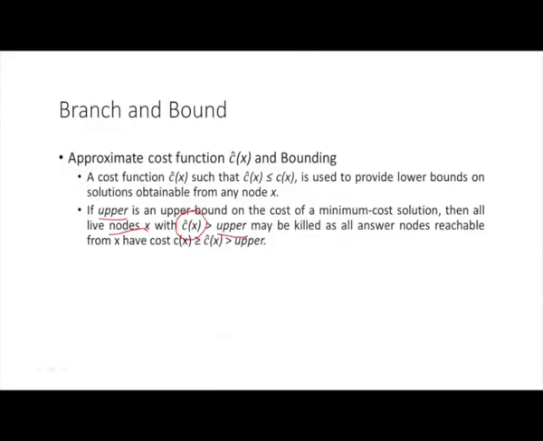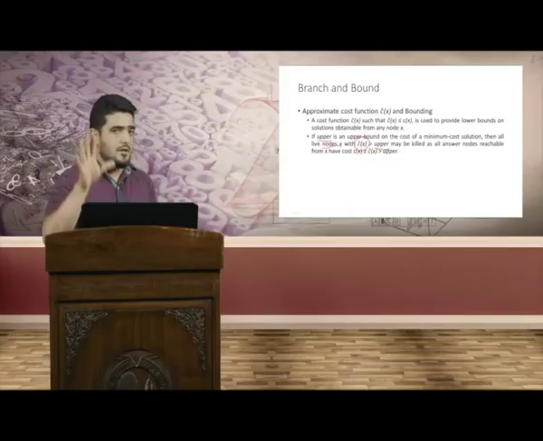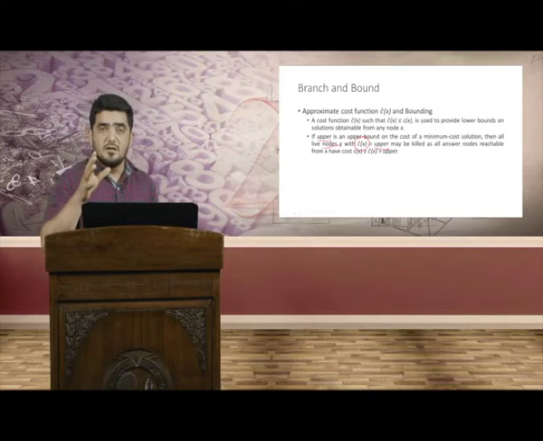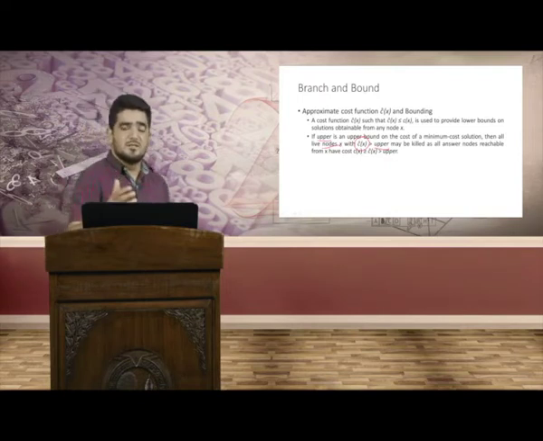is greater than the upper bound. So let's suppose we associate with each node a function which gives us an upper bound, and if the approximate cost function yields a value which is greater than that upper bound, again I need to remind you that we are considering minimization problems. We are generalizing this branch and bound solution to minimization problems.